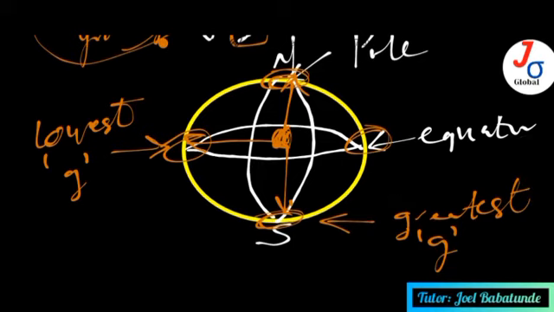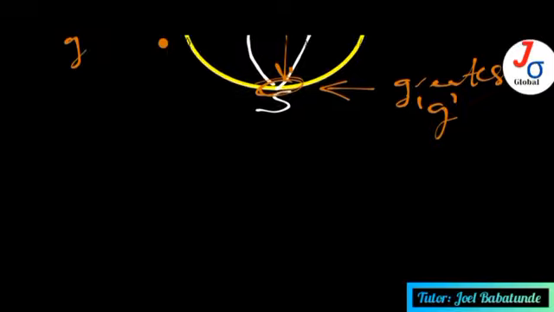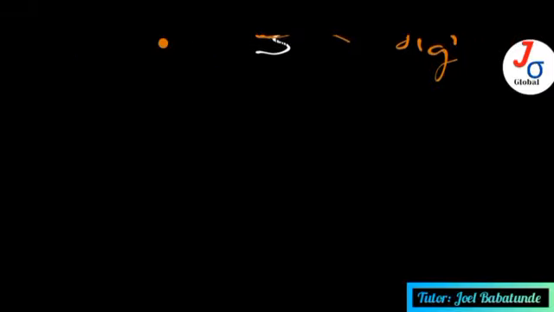So that's why you have the lowest and the greatest g. And one other thing I want to talk about is that if you take an object away from the influence of the Earth and take it to some other planet, or let's say the moon, g will be different on the moon. Acceleration due to gravity is different on the moon, or any other planet.